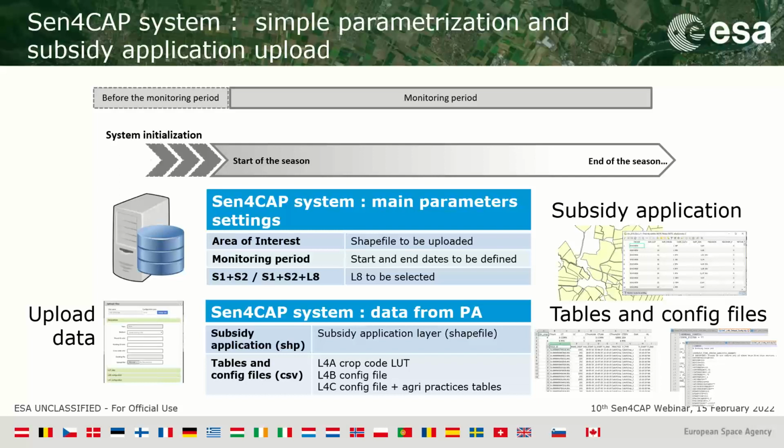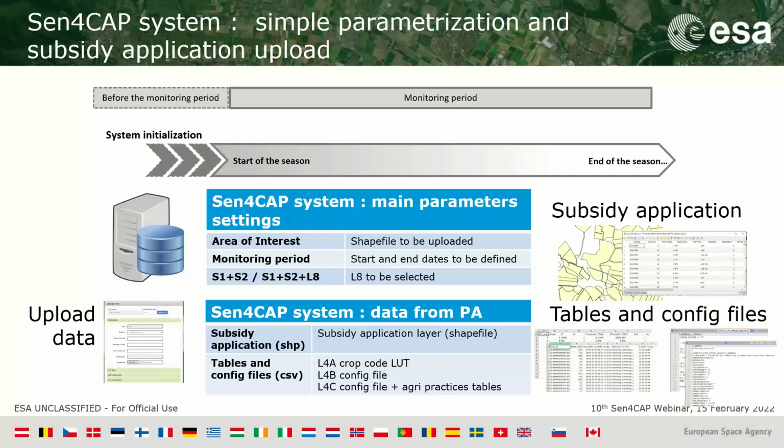And the way the system is used or can be used is that we try to do a very simple parameterization. So at the beginning of the year, you define your area of monitoring, your period of monitoring, and the sensors that you want to use. Sentinel-1, Sentinel-2 only, or also Landsat 8. And then you can run the system in real time along the seasons. The pre-processing will be done, the computations of the markers will be done.